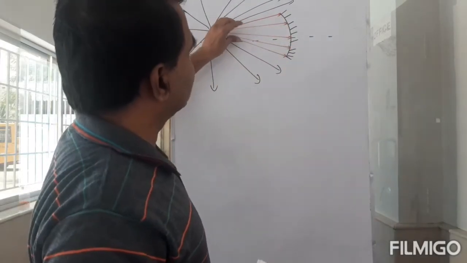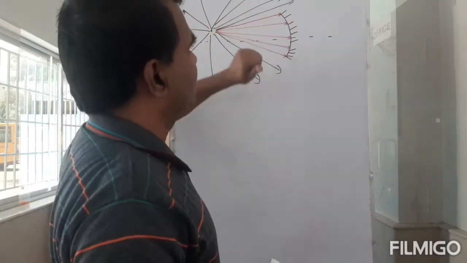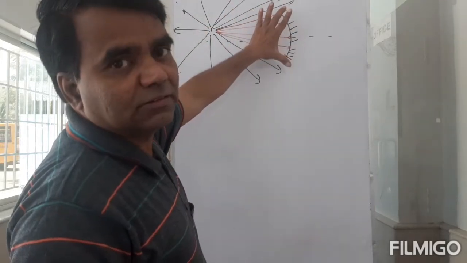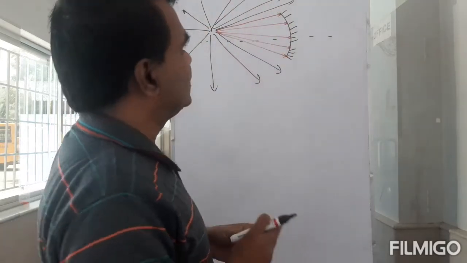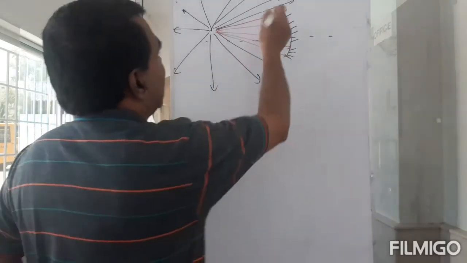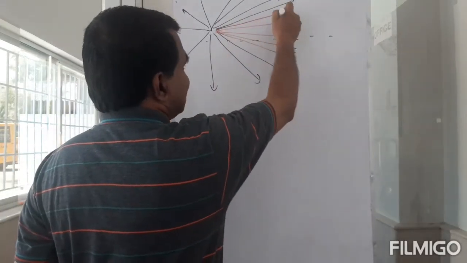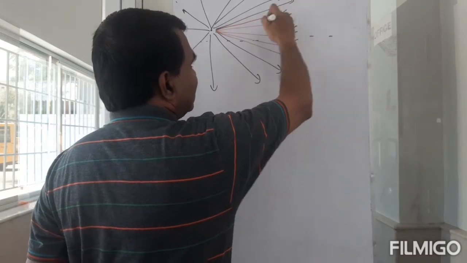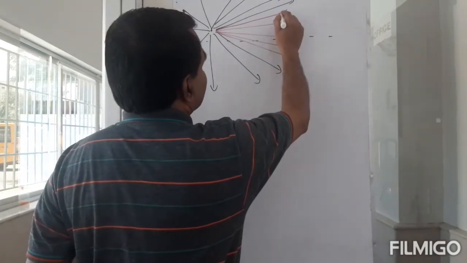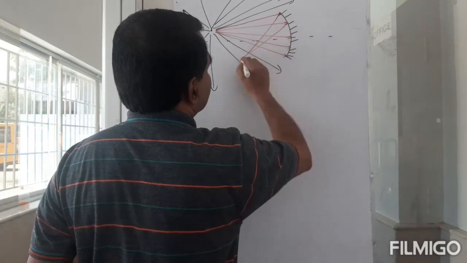So the bigger the mirror, the more rays it collects. After these rays hit this mirror, they will obey the law of reflection, and then they will get reflected like that.